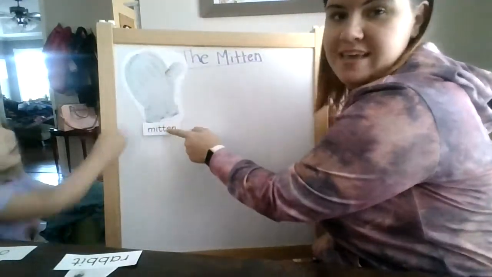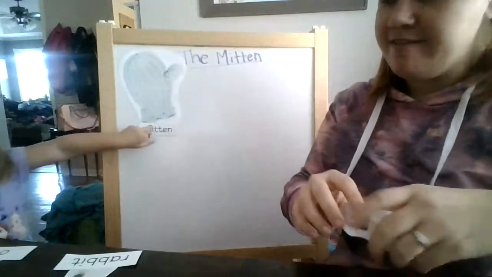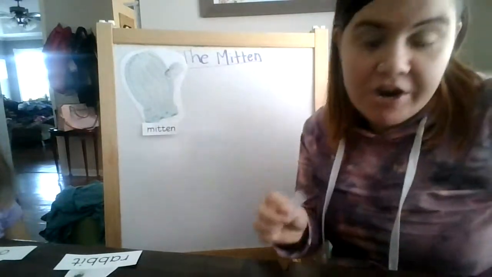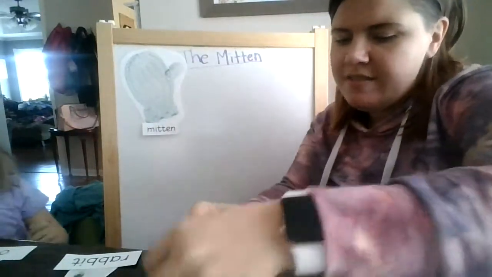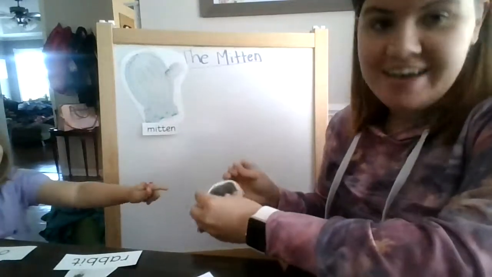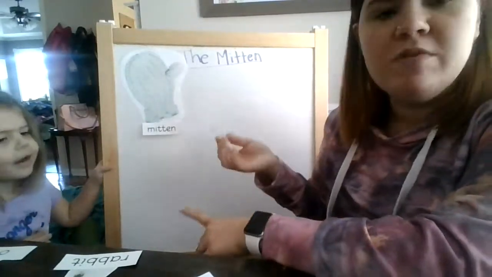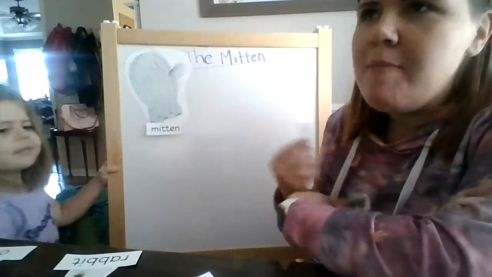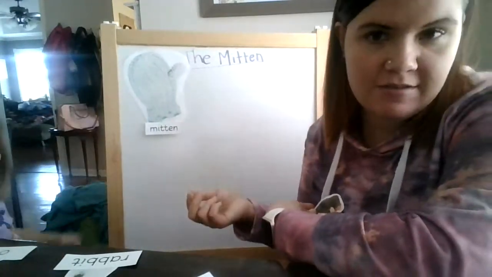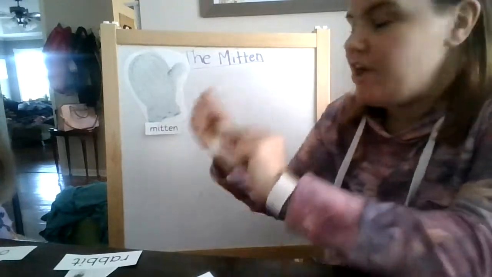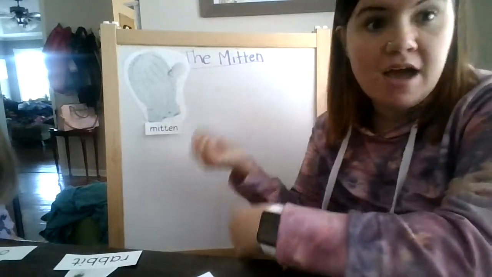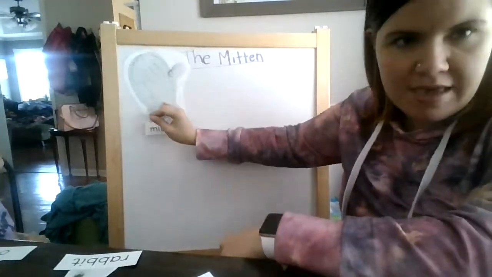All right, so what is the very first animal that comes in the mitten? Let's remember the story. Baba makes the mittens. Nikki puts them on and goes outside and plays, and then he drops the mitten.